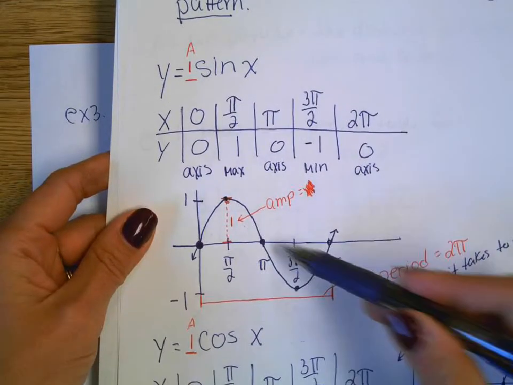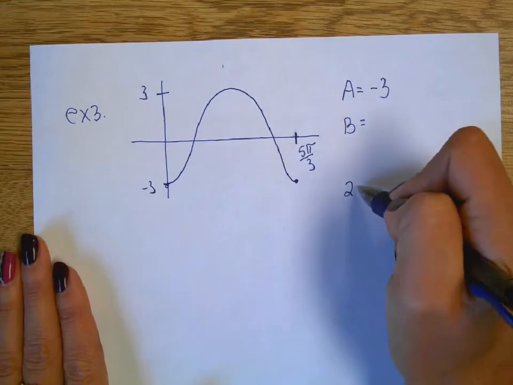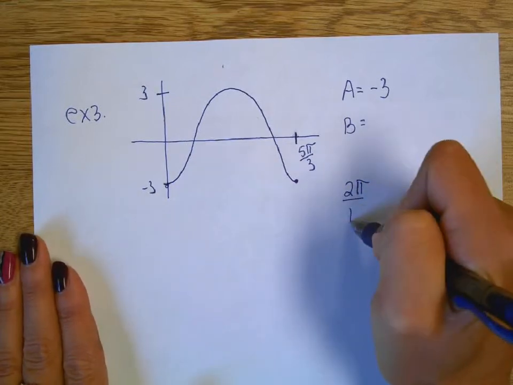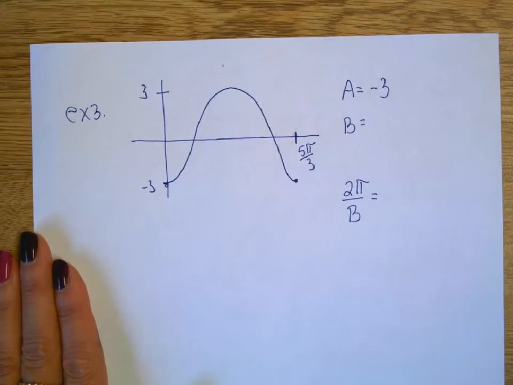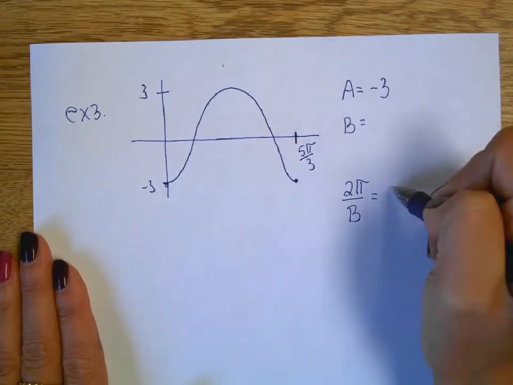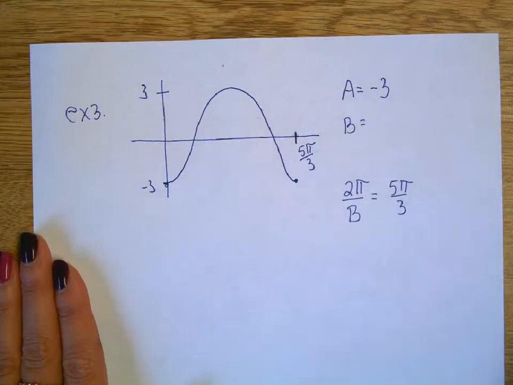So we're taking these two graphs and we're doing different things to them. It's flipped over, so now we have to figure out what B is. 2 pi divided by B equals what value? 5 pi over 3. And then we do cross products.